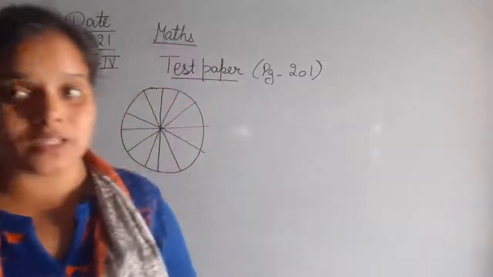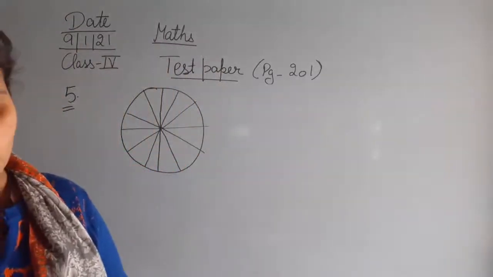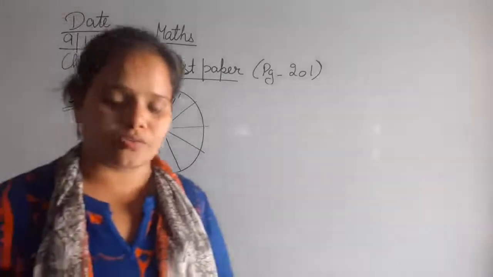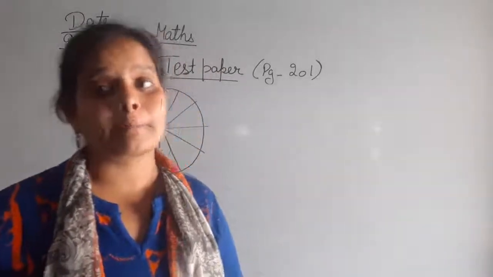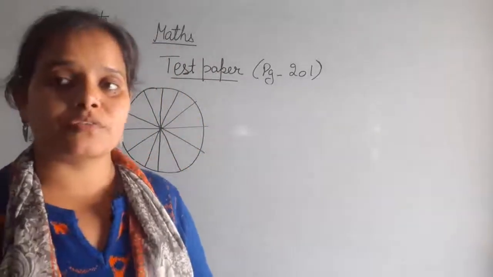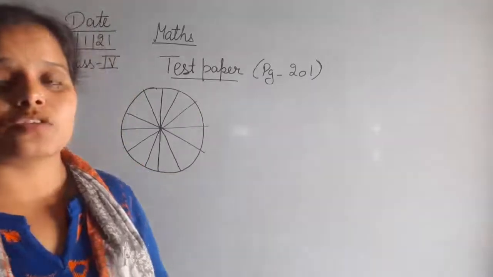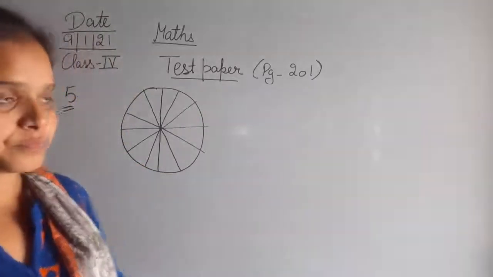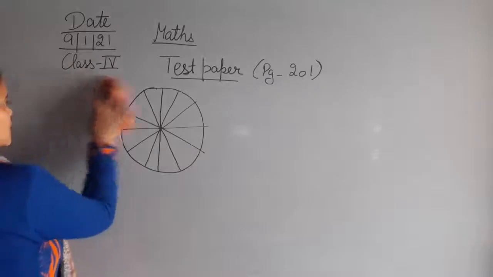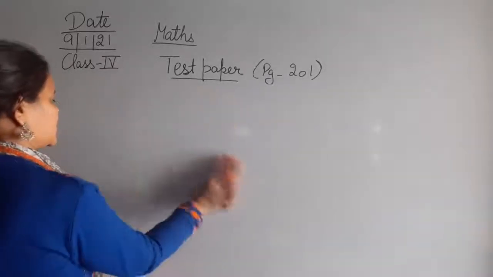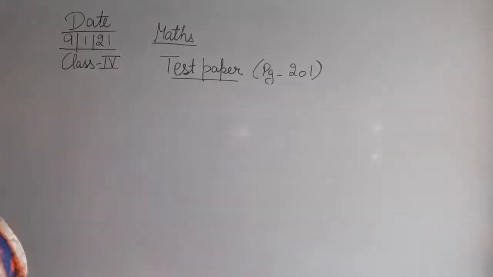So here the options are given, that is 2, many, 4 or 1. So the answer will be many. So we can draw many diameters in a circle. Clear? Chalo, moving next to the sixth one.